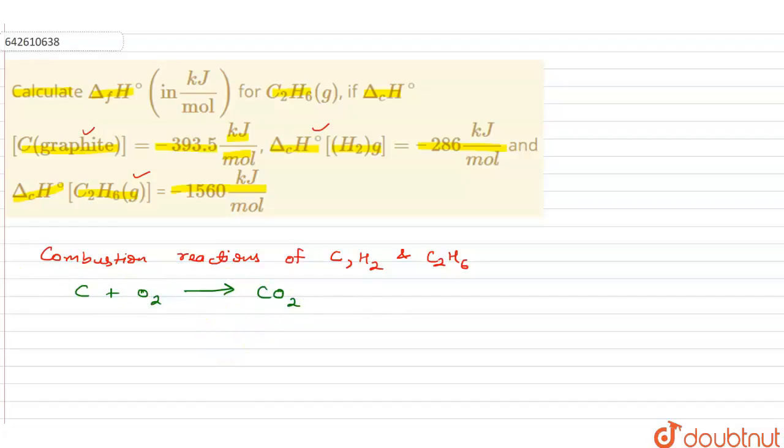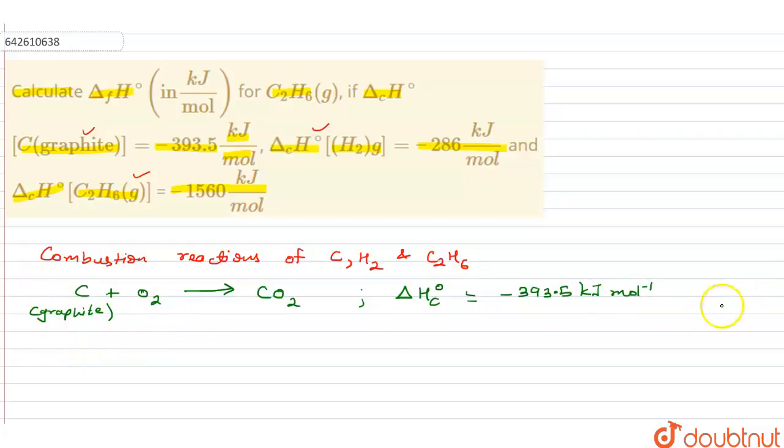This is absolutely balanced, isn't it? Carbon over here means graphite, and the heat of combustion for this reaction has been given as minus 393.5 kilojoules per mole.